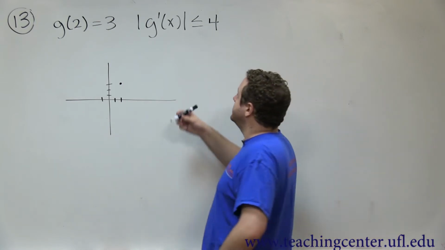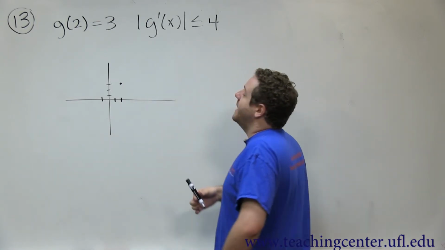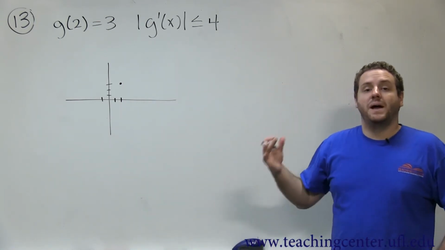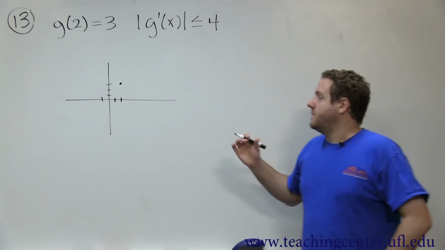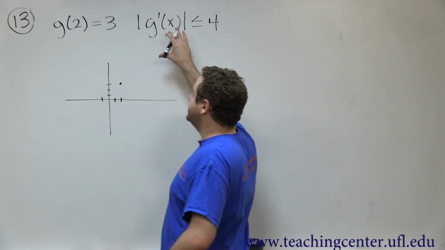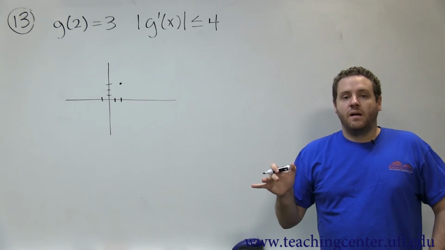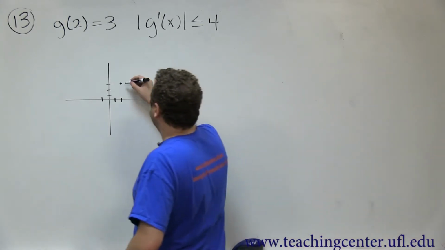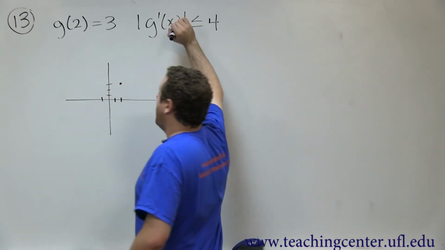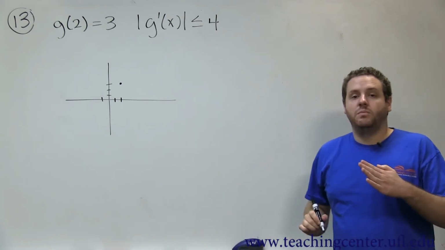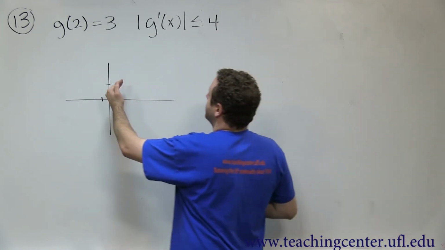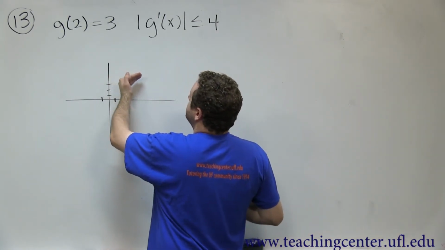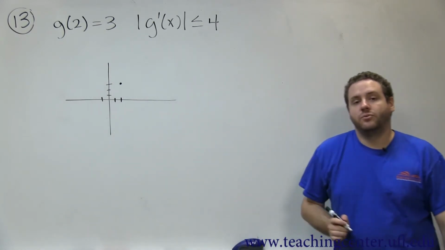So think of it like this. If your derivative could be as high as 4, and that's the maximum, and you wanted this function to be increasing the fastest, that would just mean your slope would be 4 all the way. Because if at any point you made the slope less than 4, you would have to make the slope greater than 4 to come back.